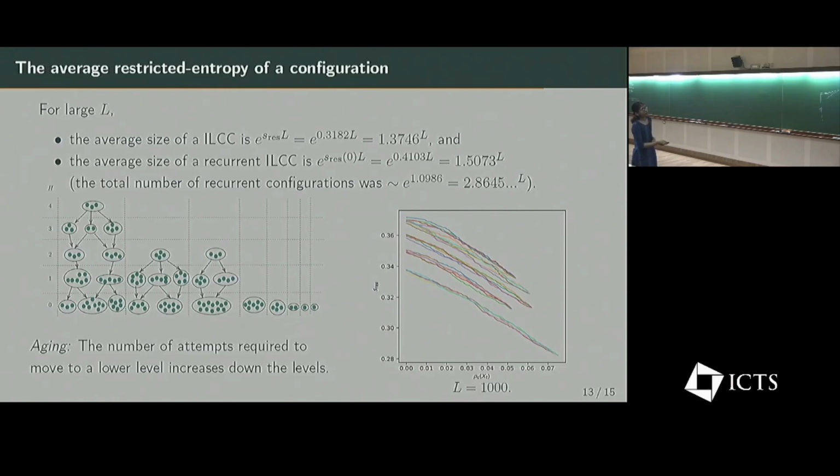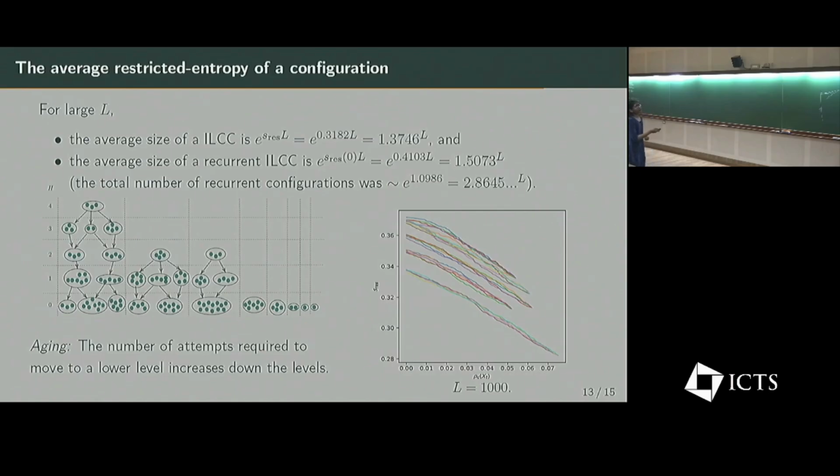This is a plot of the contractible empty density versus the restricted entropy. I start with different initial configurations and run 5 different trajectories for each initial configuration. I have plotted the restricted entropy as a function of the contractible empty space for each trajectory. We see that the entropy increases as we go down a level, as the density of contractible empty sites decreases.